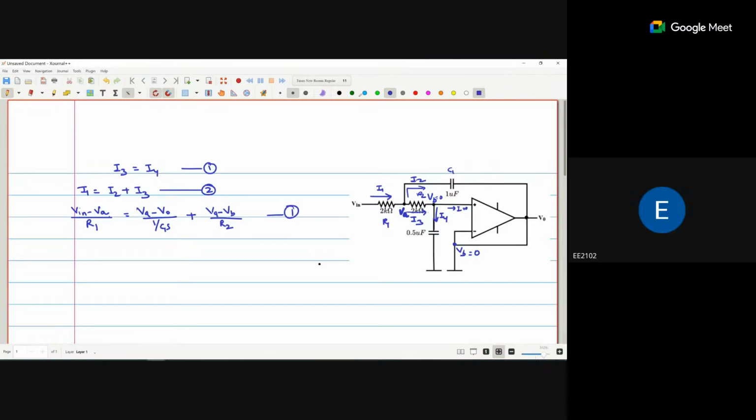Second equation is: (VA minus VB) upon R2 is equal to VB upon 1 by Cs.